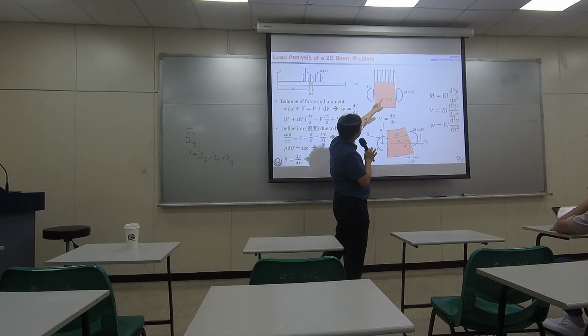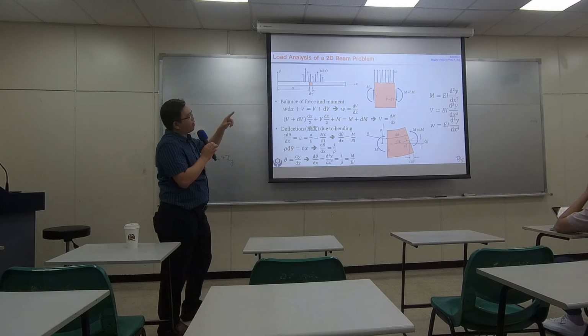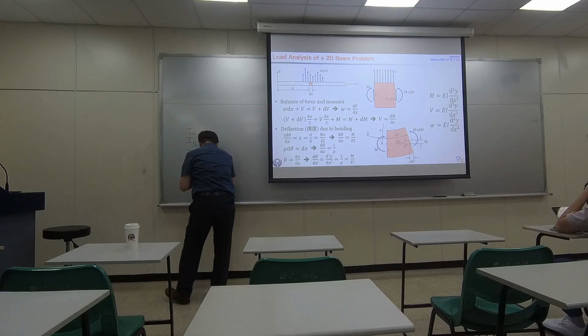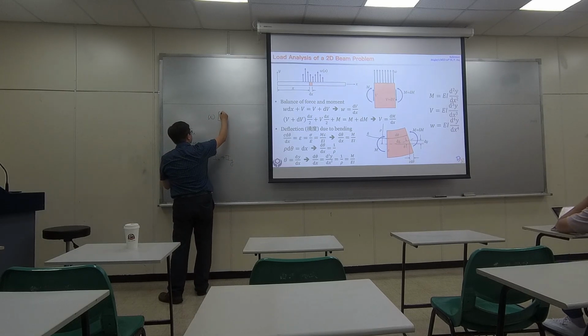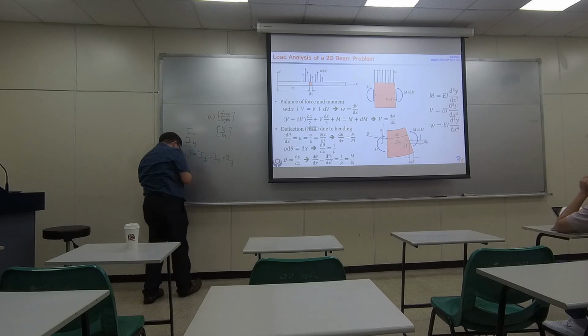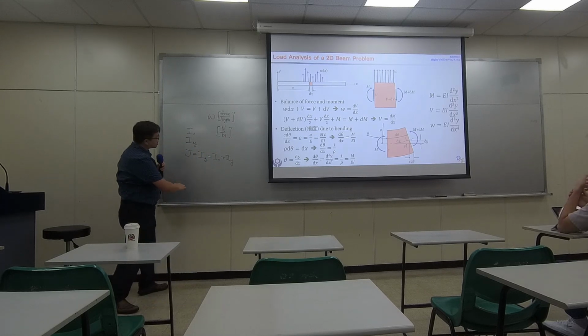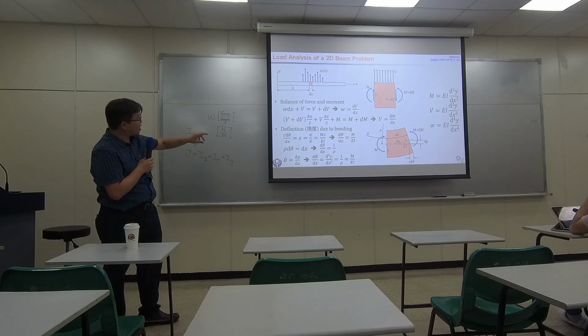Because W is a distributed force, the unit is actually force over length in this particular case, so you can say it's Newton per meter.